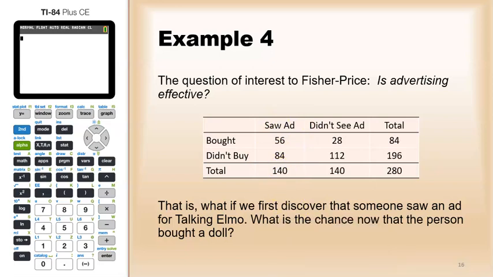So of those who saw the ad, there's 140 of them. 56 of them bought the Elmo. So out of those who saw the ad, the probability of buying an Elmo is 56 out of 140, or 40%. This is 10% more than when we're looking at everyone.